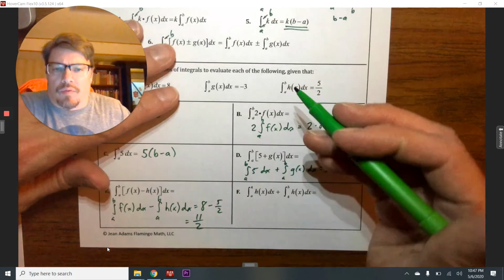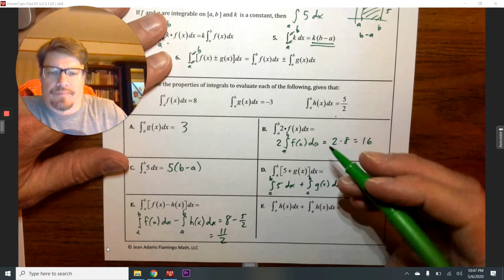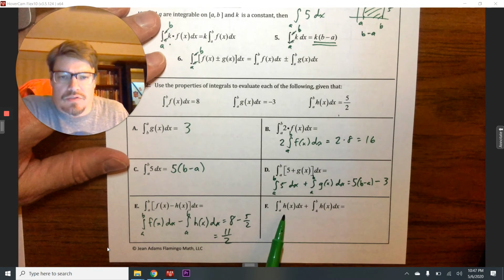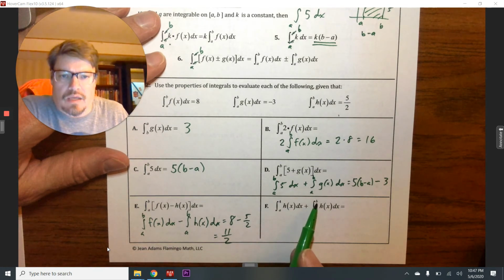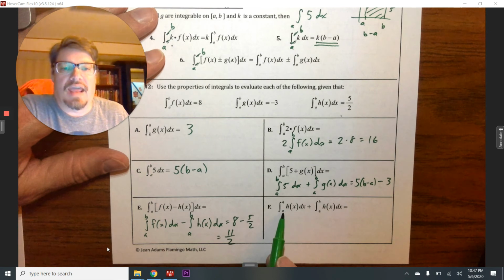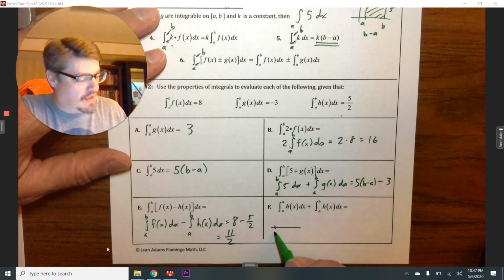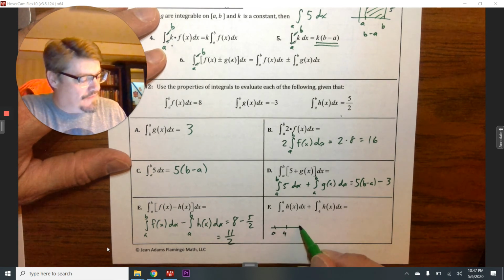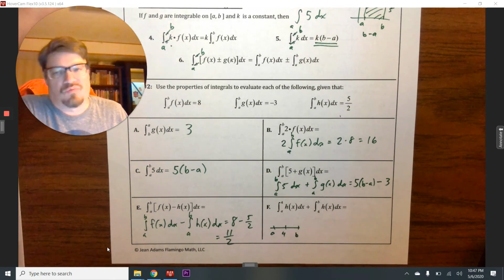Okay, so now this is getting here. So a goes to 4, and 4 goes to b. Oh man, this is actually so much easier. My thing is that a went to 4, and then 4 went to b. What is that really?